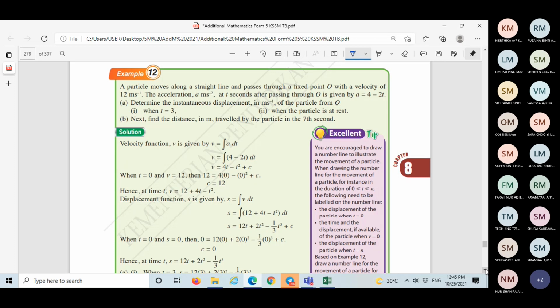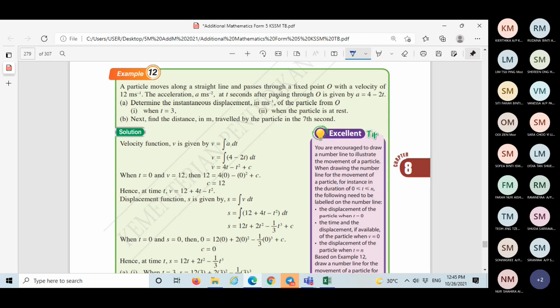So we start. A particle moves along a straight line, passes through a fixed point O with a velocity of 12. This information actually gives you t equals 0, v equals 12, because it passes through, the time taken starts.